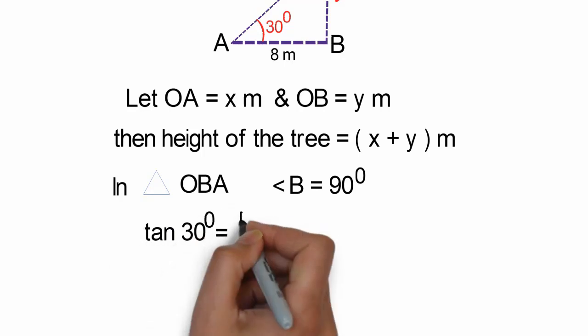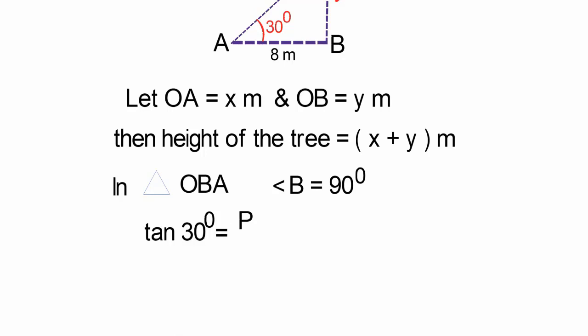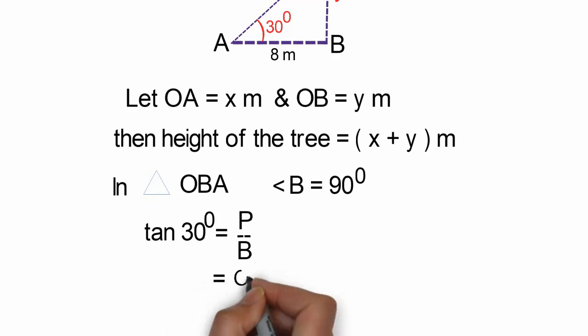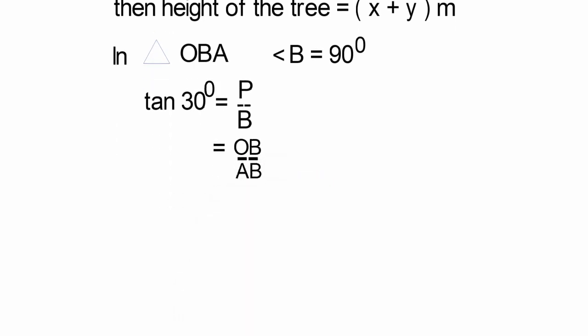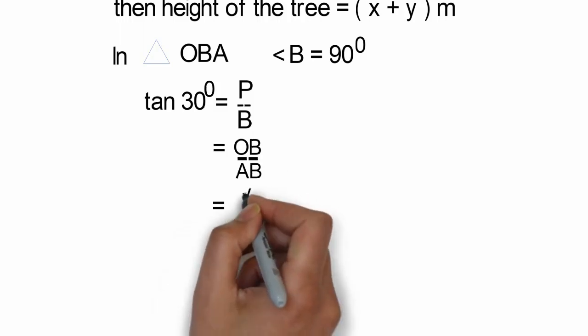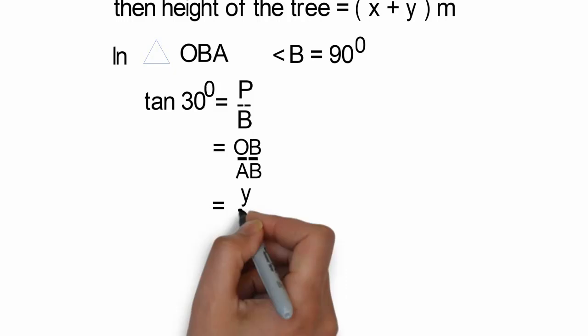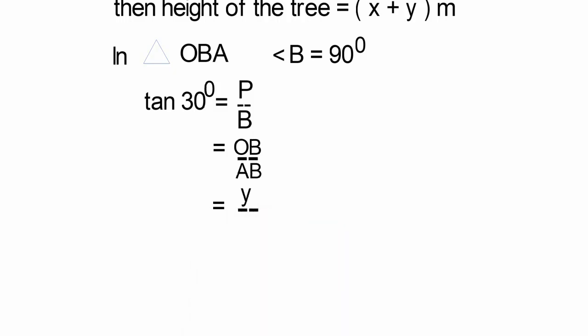First we're going to find the value of Y. So we take tan 30 degrees as perpendicular upon base. The value of base is given as 8 meters. Perpendicular is the side opposite to the angle 30 degrees. So OB upon AB, where the value of OB is Y and the measurement of AB is 8 according to the question.